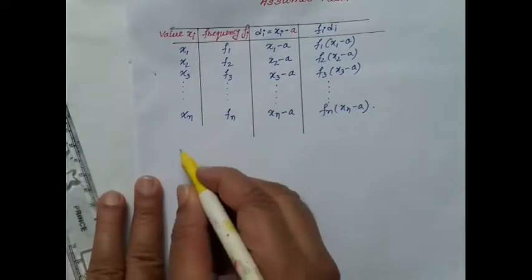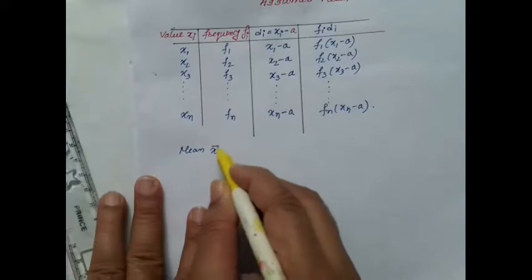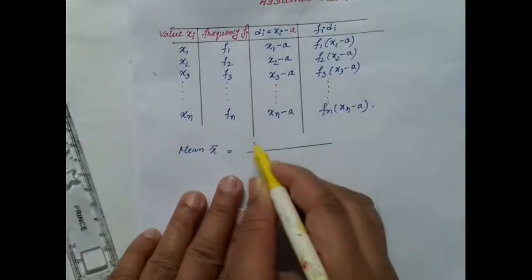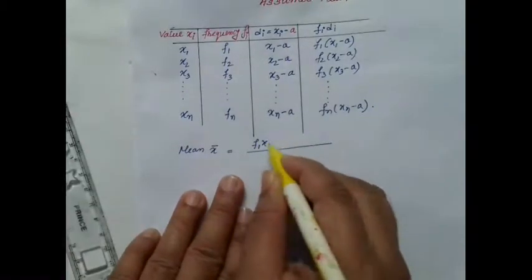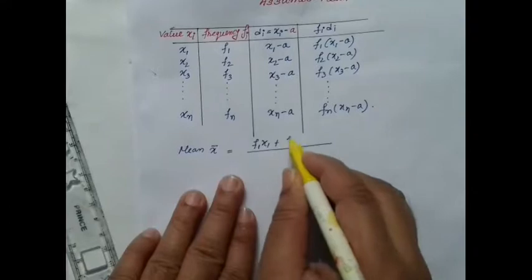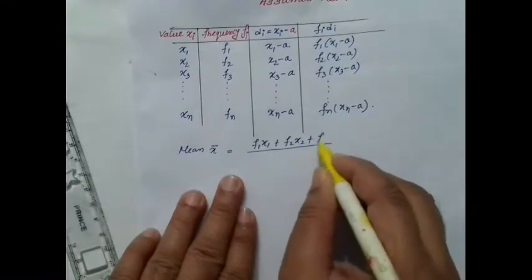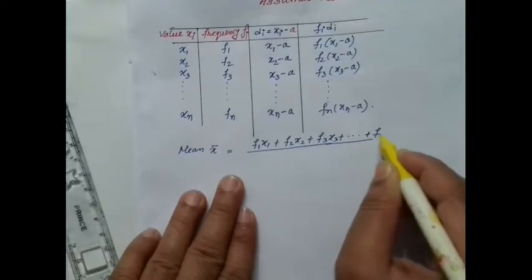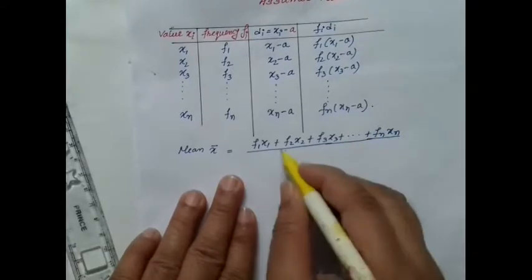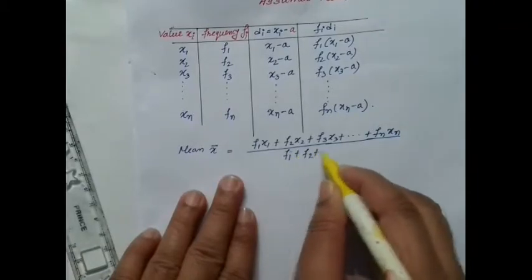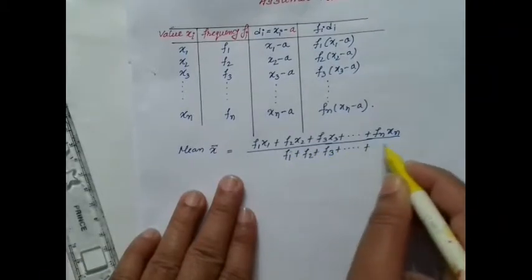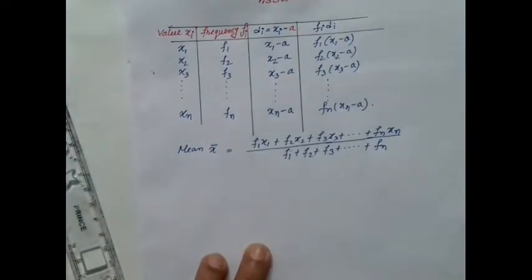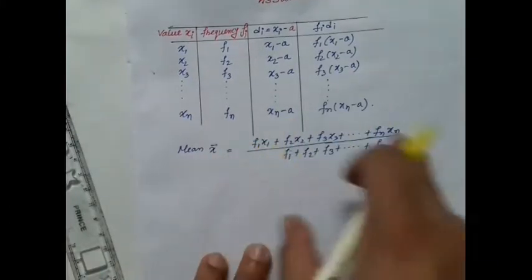So the mean x bar in the direct method we'll get by this: f1 x1 plus f2 x2 plus f3 x3 plus dot dot dot plus fn xn, divided by f1 plus f2 plus f3 plus dot dot dot plus fn. In the direct method we get the mean by this.